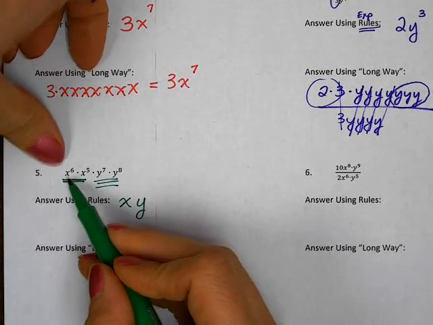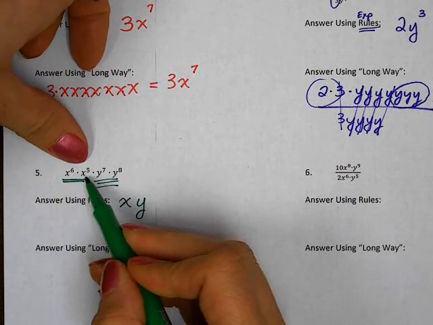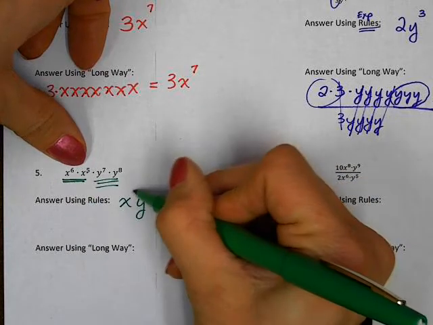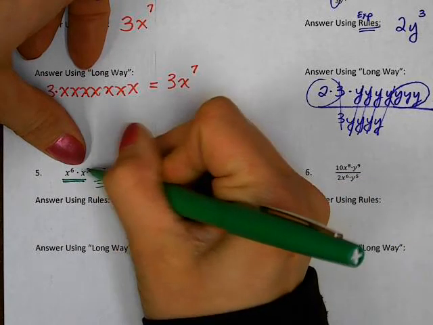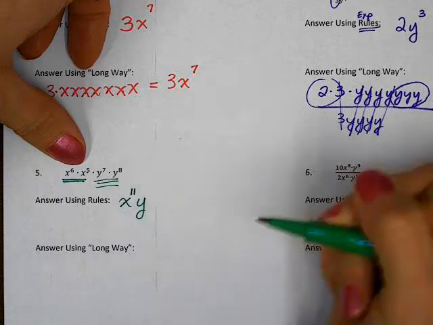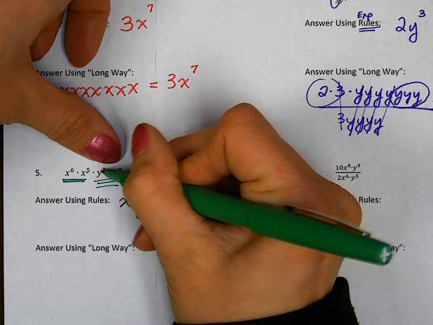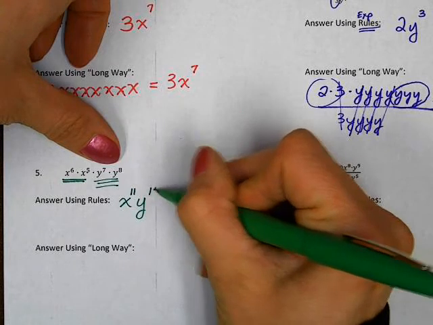So let's take a look at the x's. There's 6 of them and 5 of them. What are we going to do to those exponents? I'm not going to write the exponent of 65. I'm going to add them and say x to the 11th power. How about y? What's the power on y? 7 plus 8 is 15.